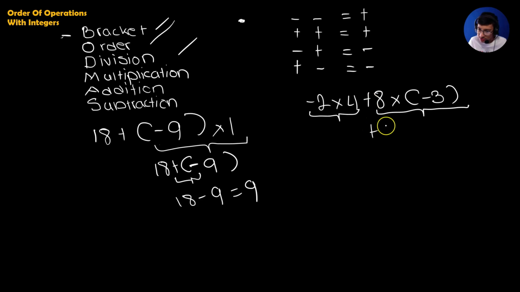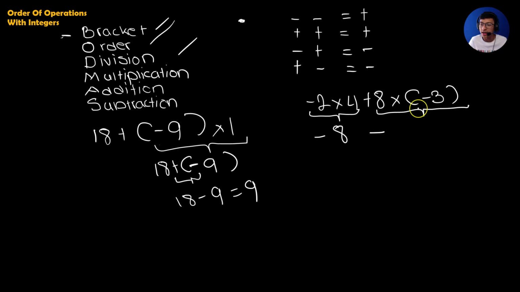The plus drops down. A negative and a positive equals a negative, and 4 times 2 is 8, so we got -8 here. For the other, it's +8 times a negative: a positive and a negative equals a negative.